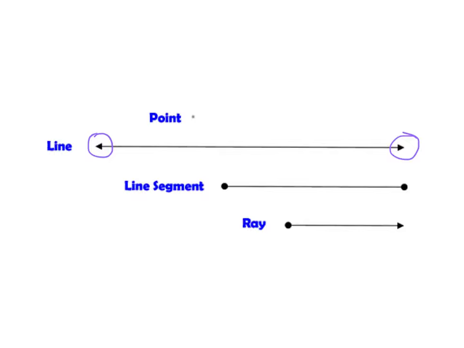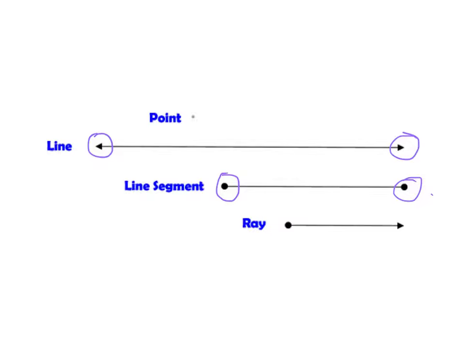What about the line segment? What do these points on the line segment mean? It means that the line segment has a beginning and it has an end. It does not continue forever because it does not have arrows. So line segments have a beginning and an end.